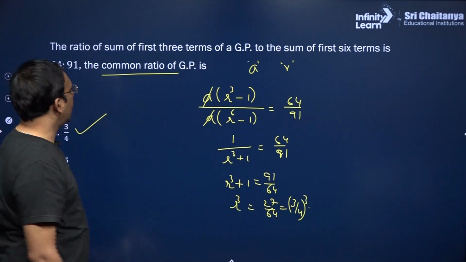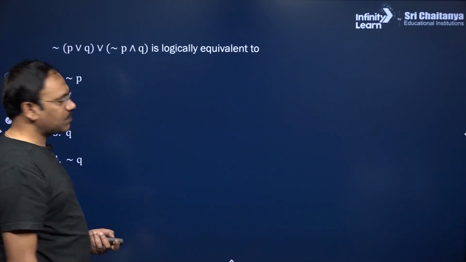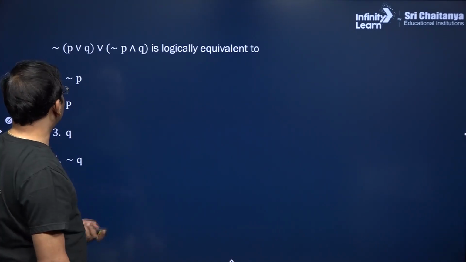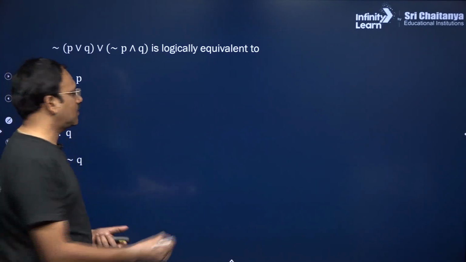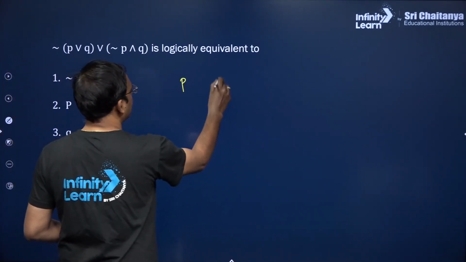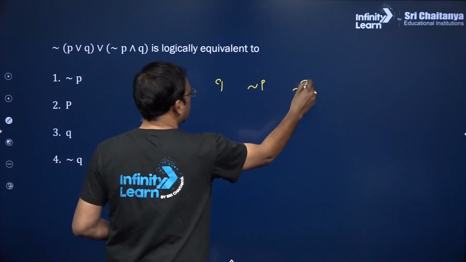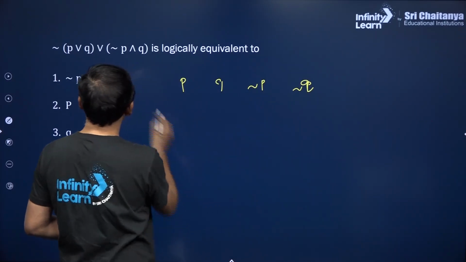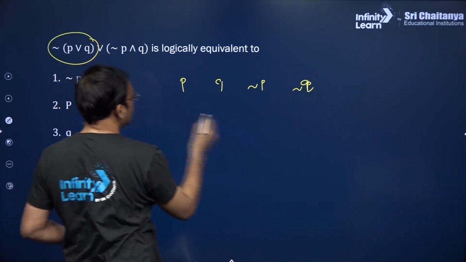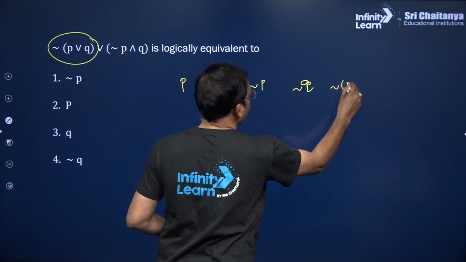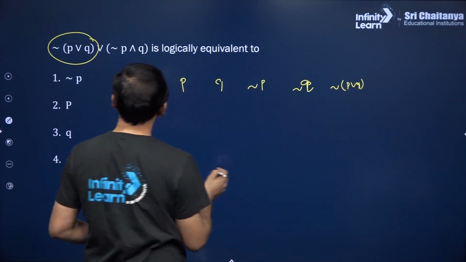That's it. Next, you see, this particular statement is logically equivalent to something simple, my dear friends. There are only 2 parameters, P and Q, so let us take negation P, negation Q here. So P or Q, you can write its negation. Negation of P or Q you can write directly.